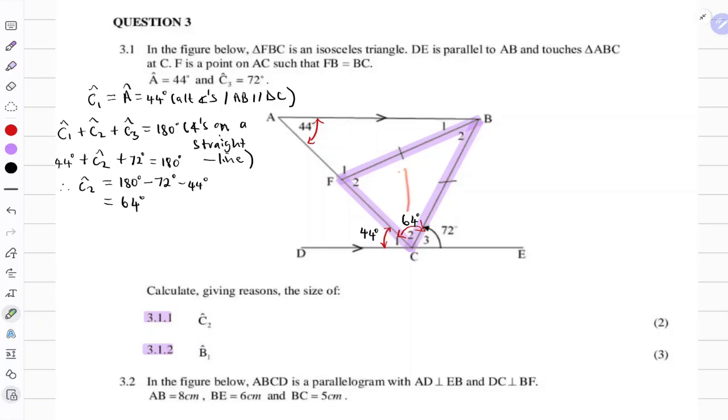So this angle is across this equal side, and this angle is across this equal side. If this is 64 degrees, it means this should also be 64 degrees. So we can label that as 64 degrees.